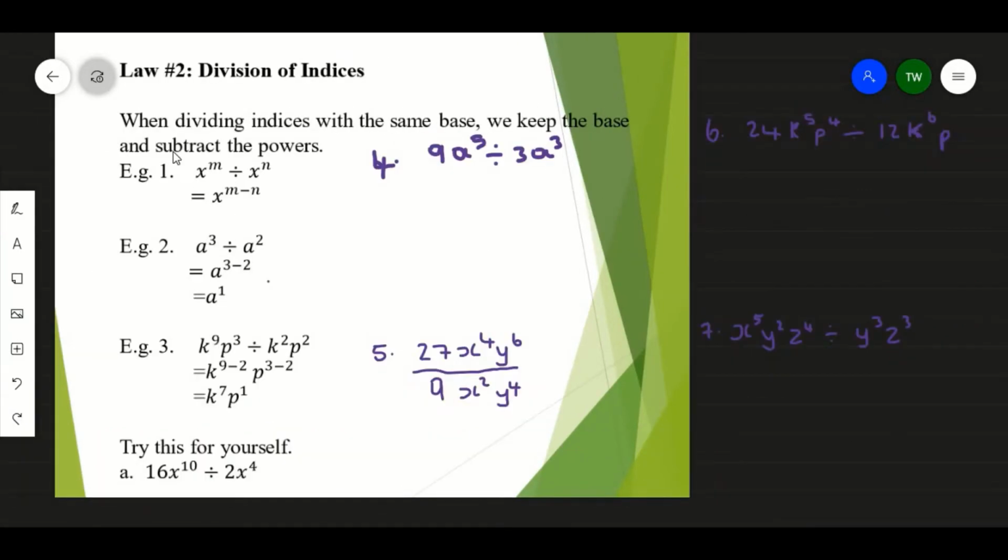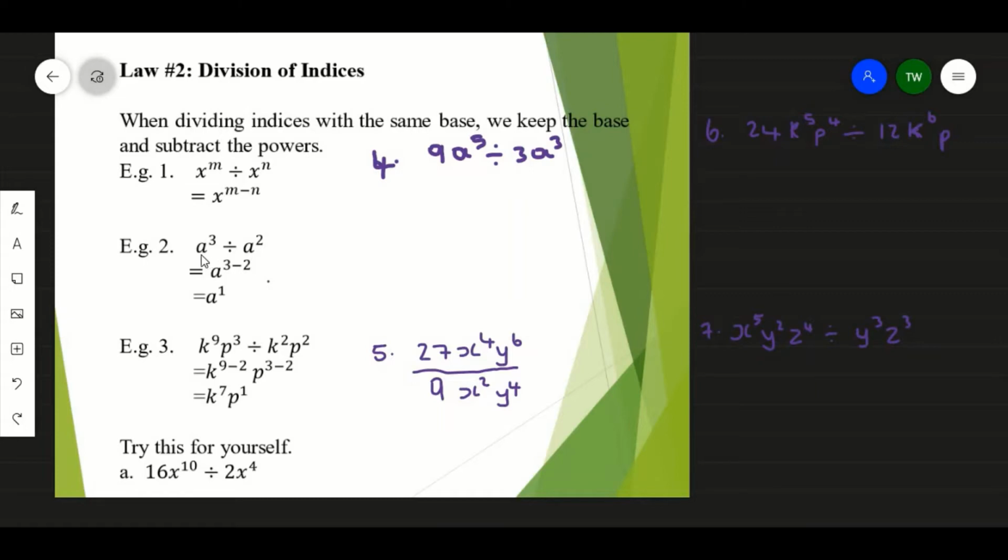Okay, law number 2, division of indices. When dividing indices with the same base, we keep the base and subtract the powers. Example number 1. x to the power of m divided by x to the power of n is going to equal x to the power of m minus n.